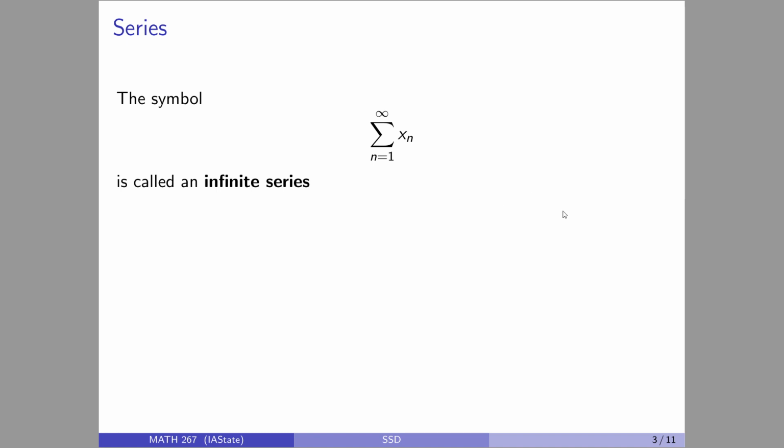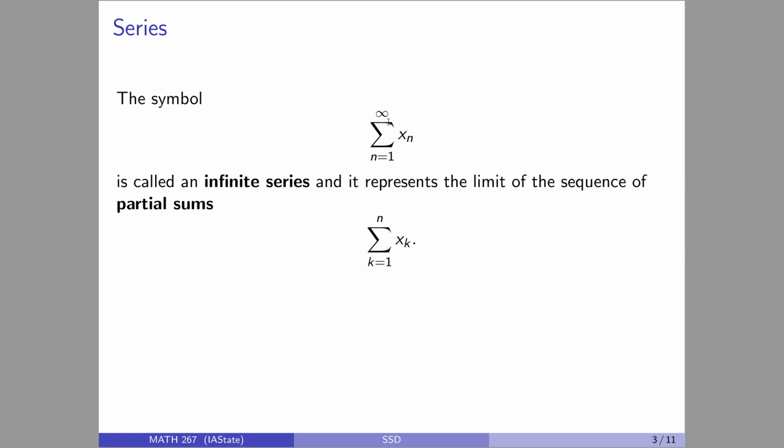And what is it? Well, the infinity sign should be triggering dreams of calculus, right? Because it means that a limit is going on, and specifically, it's the limit of the sequence of partial sums. So we have a collection of numbers, x1, x2, x3, so on and so forth. And what we do is we add them up, term by term, and we look at that.